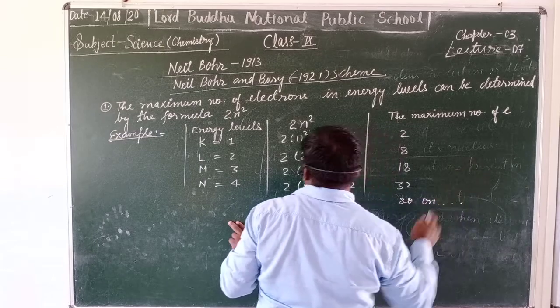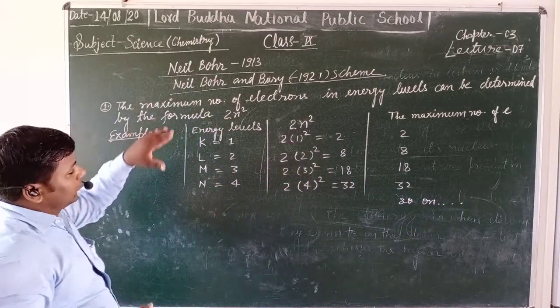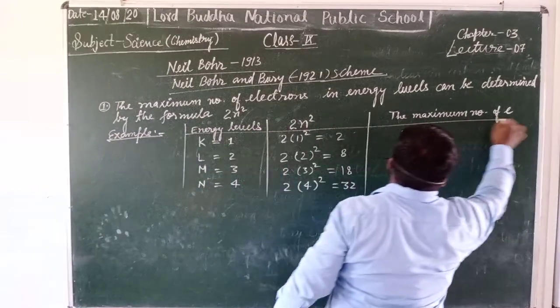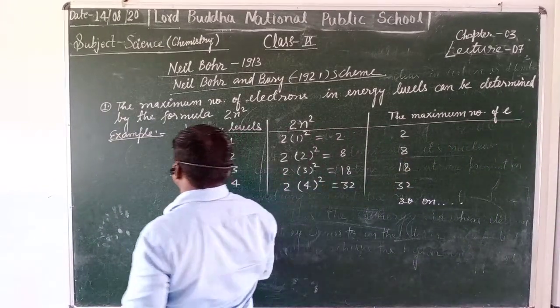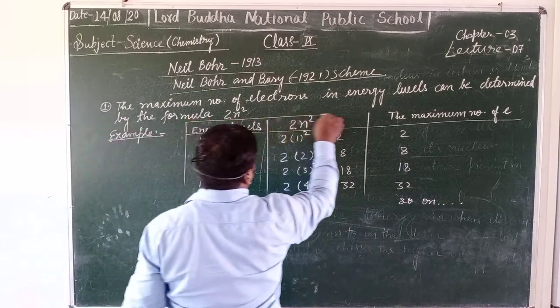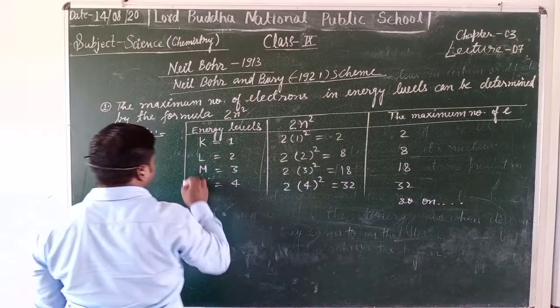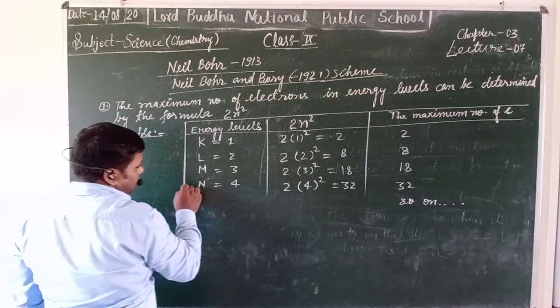Thus, the definite number of electrons can be determined by this first scheme of Bohr and Bury, as given in the table.